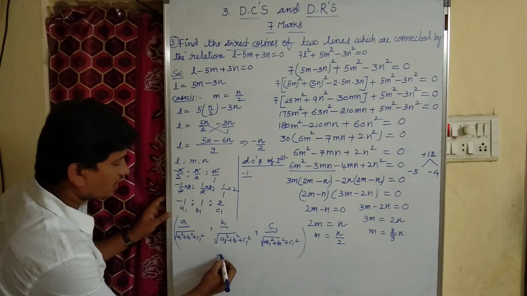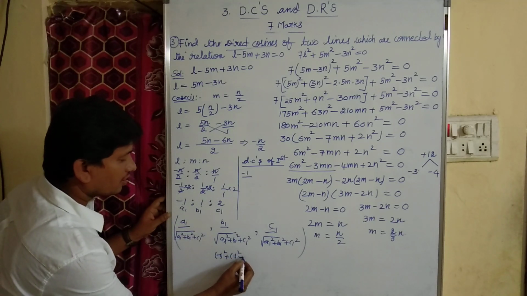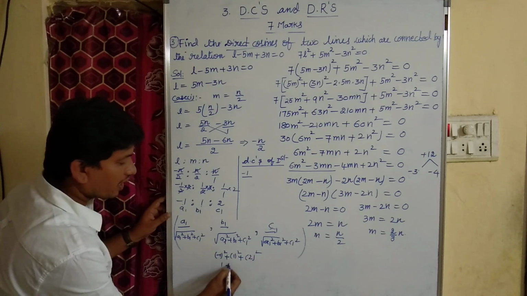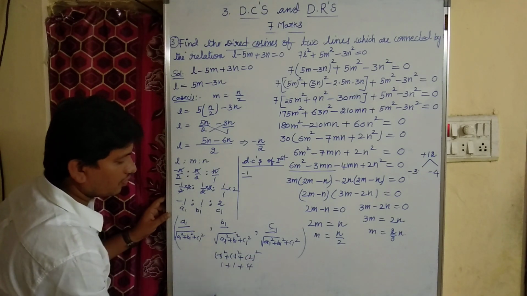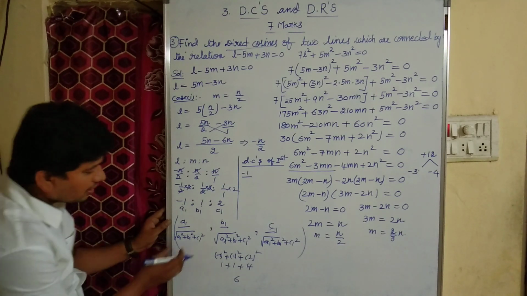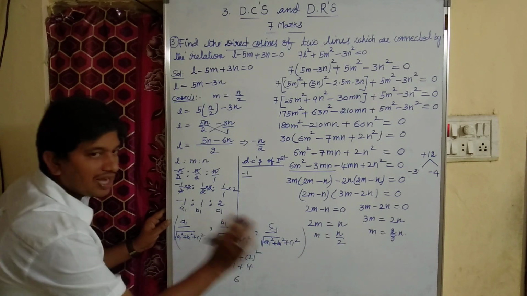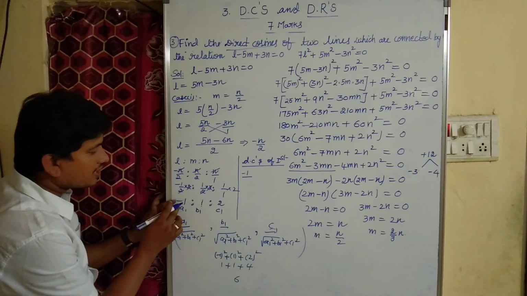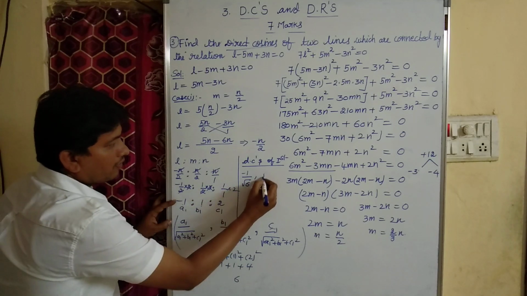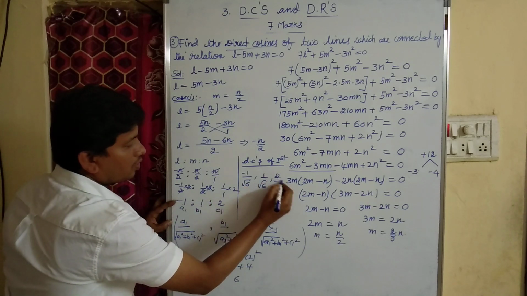A1 means minus 1 whole square, B1 means 1 whole square, C1 means 2 whole square. 1 square 1, 1 square 1, 2 square 4, which is equal to how much are we getting? 6, right? This value is 6, children. Each and every time that value is the same, so I can write minus 1 by root 6, comma 1 by root 6, comma 2 by root 6.